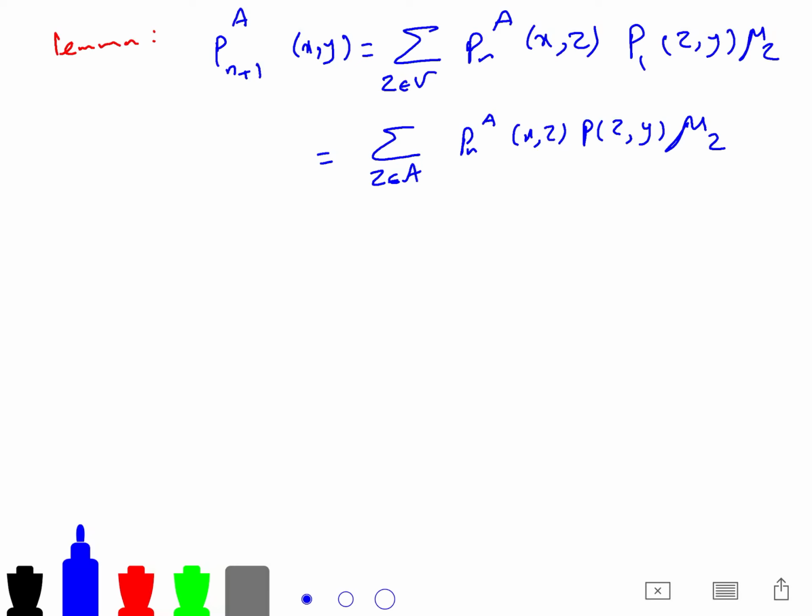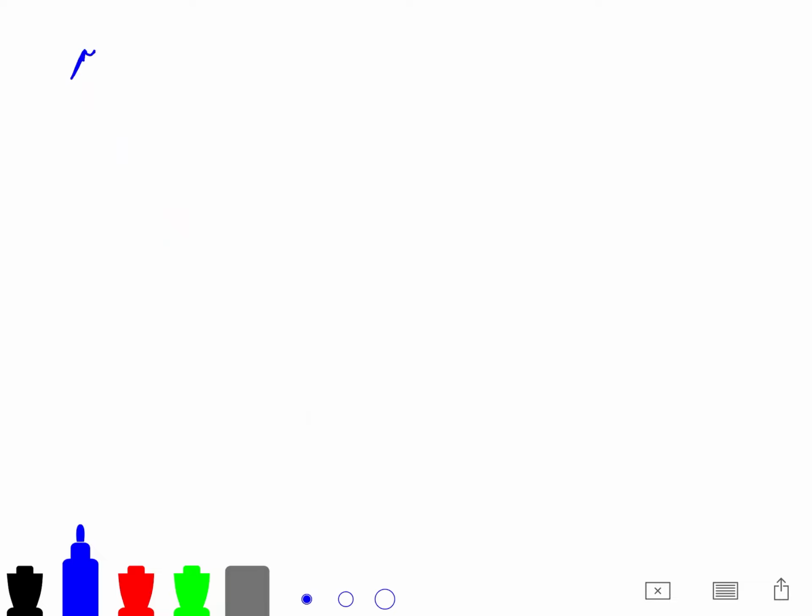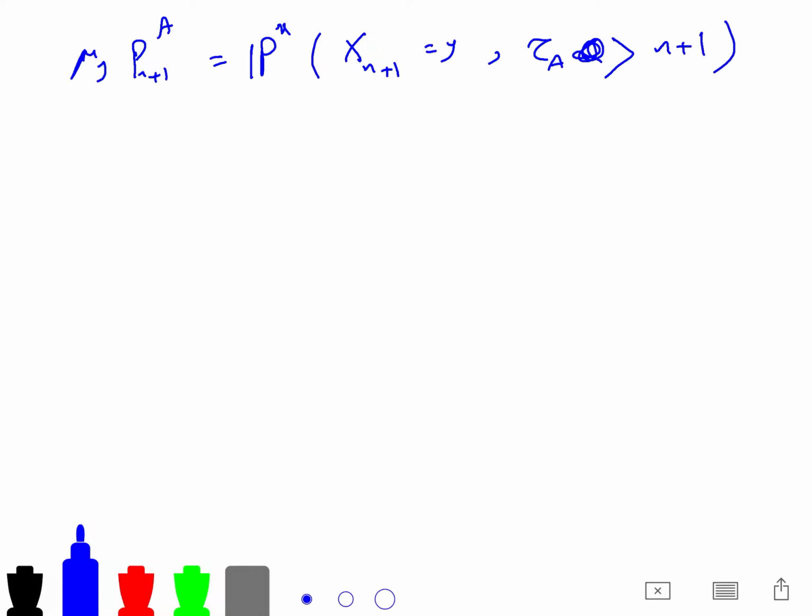The proof of this is very easy because you just write by definition that mu(y) P_{n+1}^A(x,y) is equal to the probability that if we start from x, after n+1 steps we hit y while tau A is still greater than n+1.